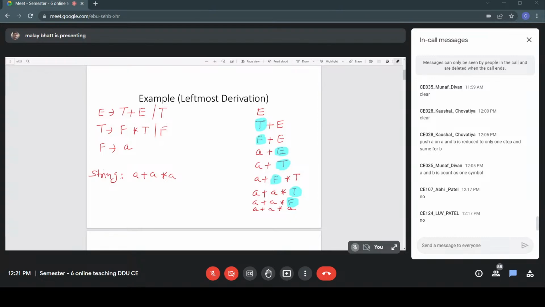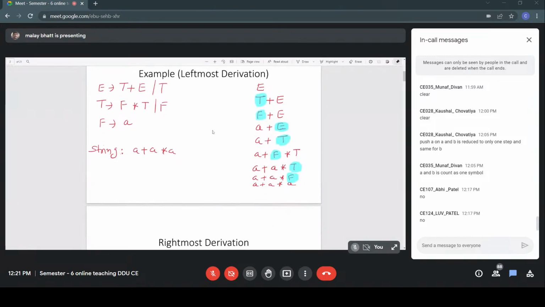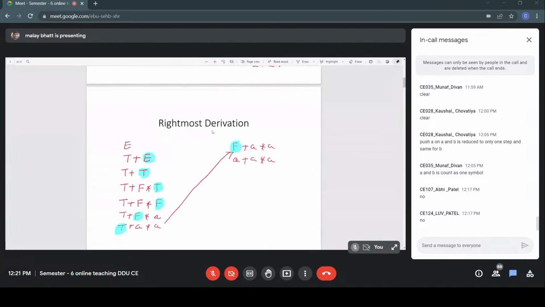It depends on leftmost derivation, push down automata, and everything. So you have to be very clear about all this grammar, regular grammars, and context-free grammars. Otherwise, you will definitely have a problem in compiler construction.